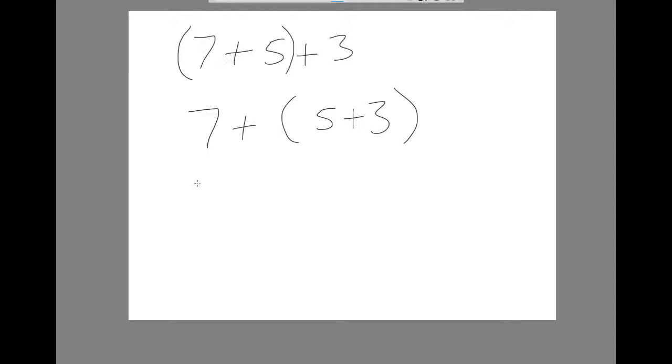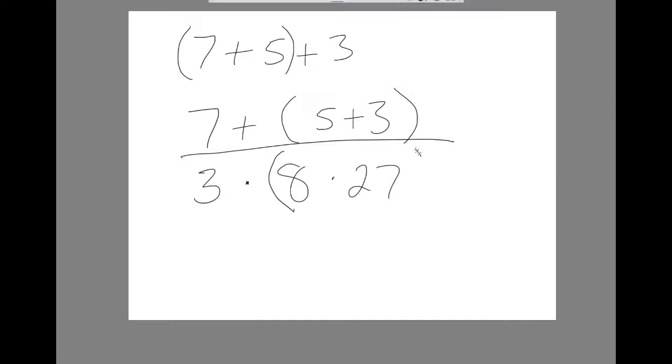Associative property of multiplication, similar idea. If I have 3 times 8 times 27, in this case the order might be like this. I have parentheses, a grouping symbol. 8 times 27 is to be done first, followed by 3 times the product of 8 and 27. Using the associative property of multiplication, we could rewrite this as 3 times 8 times 27.